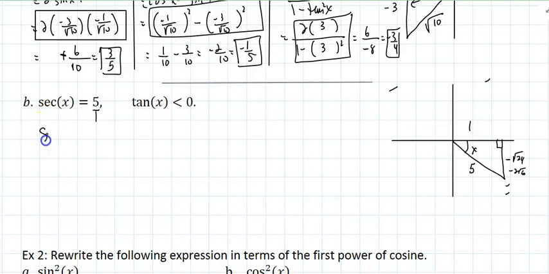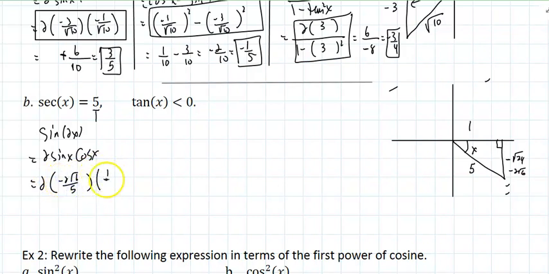So if I want to find the sine of 2x, that is twice the sine of x cosine of x. Sine is the opposite over the hypotenuse. Cosine is the adjacent over the hypotenuse. On a test, you're done. For the homework, that would be the answer in the back of the book.